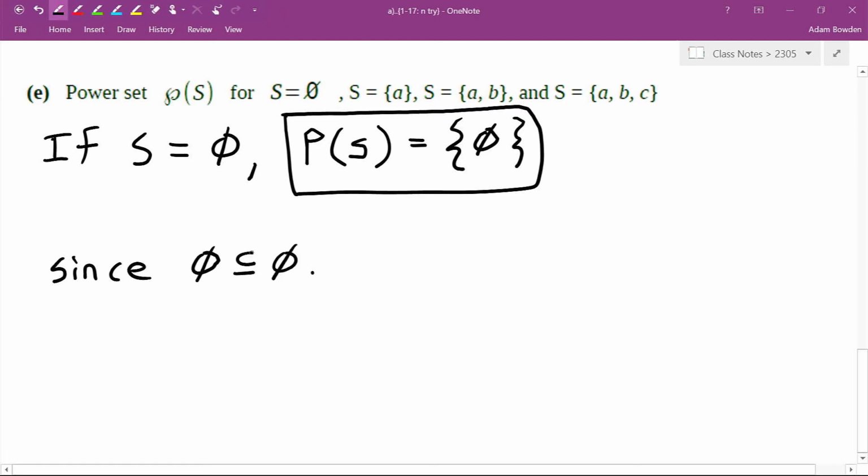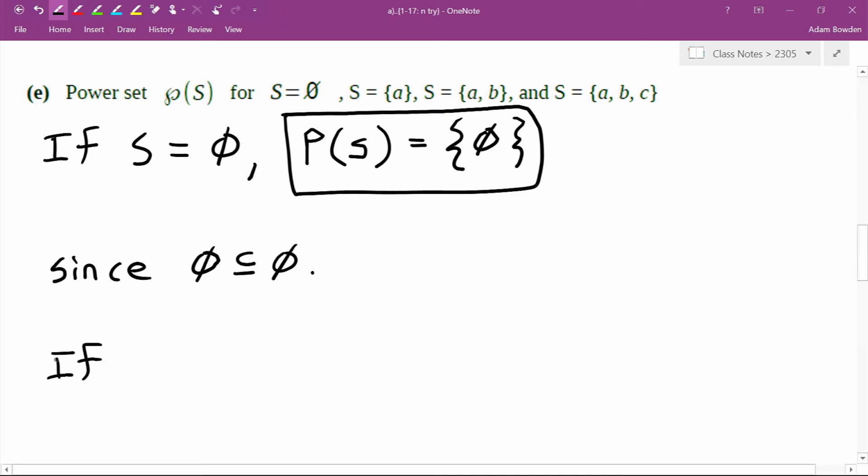So again, when I list out the power set, I start with set notation, curly braces, and on the inside of that I put the different subsets. In this case, there's just the one with the empty set inside curly braces.